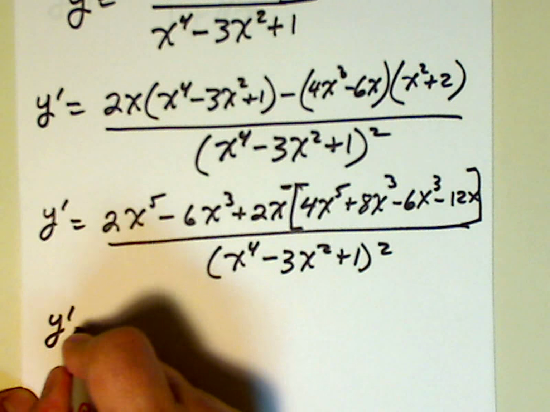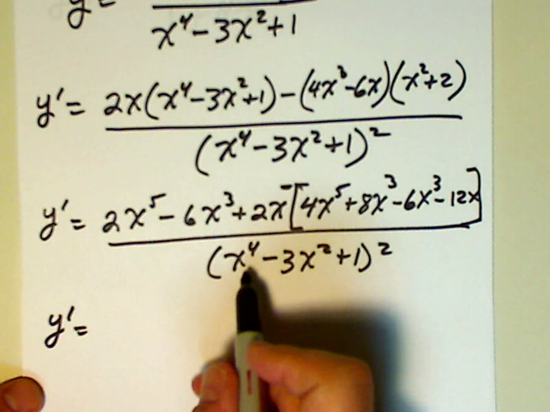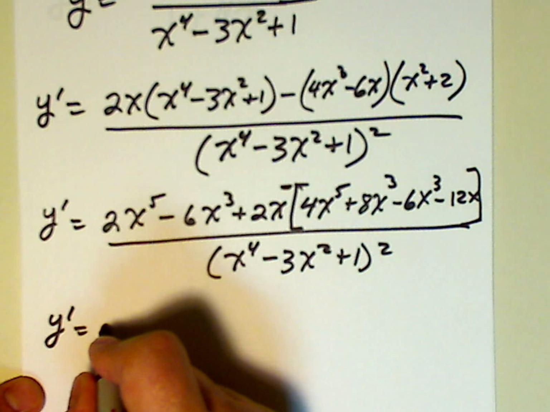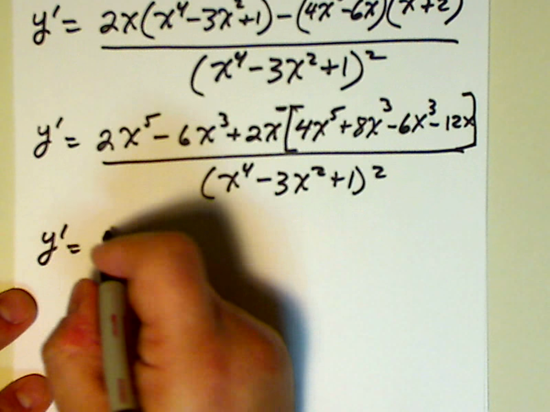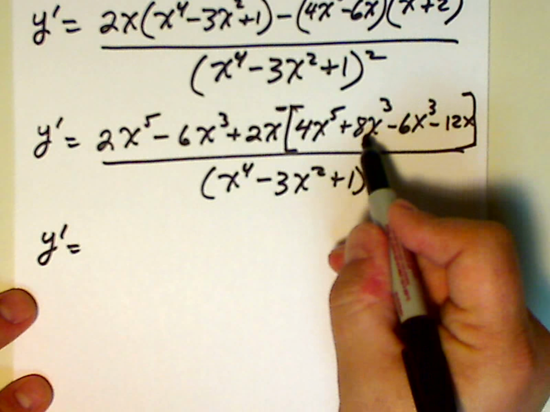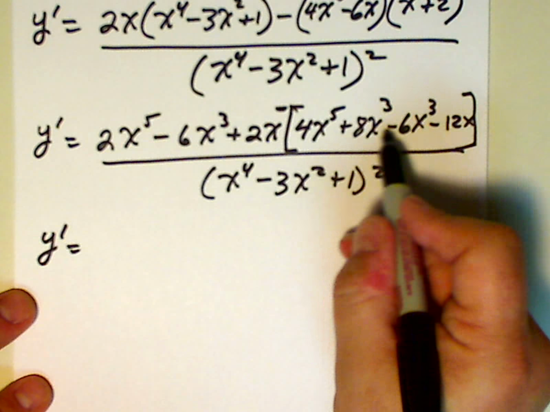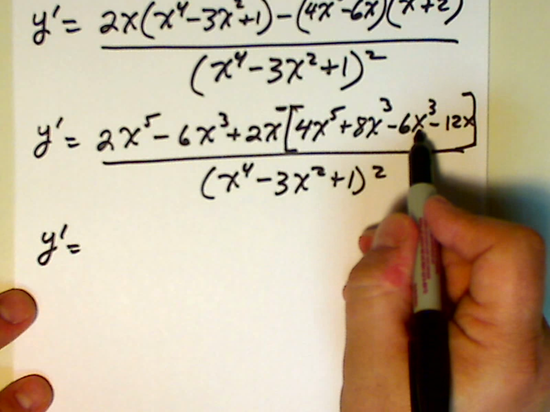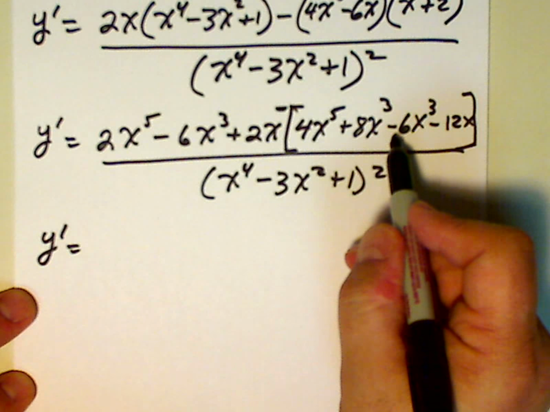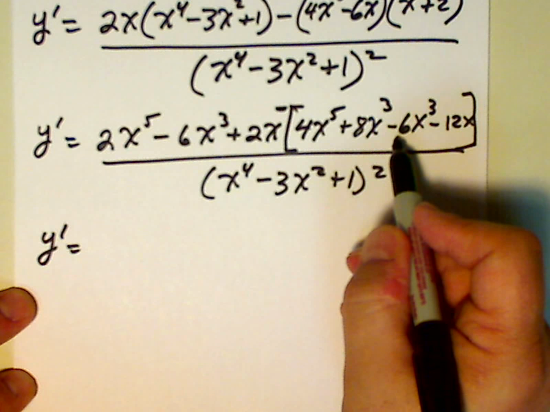Okay, so y prime, let's lift the parentheses on this step. And over here, I'm going to combine these two cubes. So 8x cubed minus 6x cubed is 2x cubed. Should I do that?